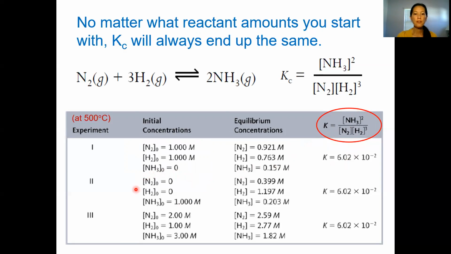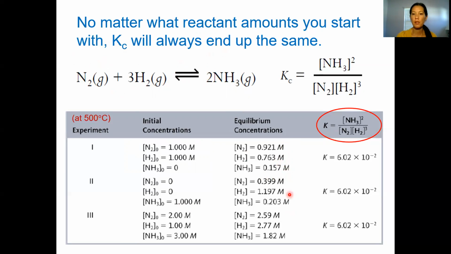If I do a different experiment, I start out with no reactants and only product, 1 molar in product. What happens is this goes back and forth. First, the 2 NH3s will react, basically decompose, to give nitrogen and hydrogen. And these will go back and forth until you reach equilibrium, and you get these equilibrium concentrations, which you couldn't predict straight off.